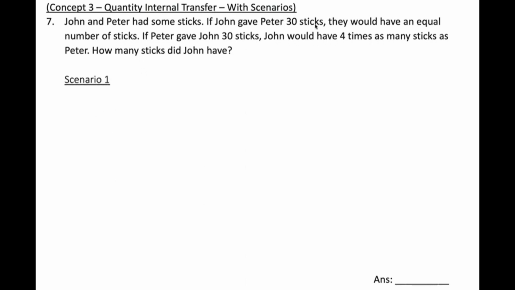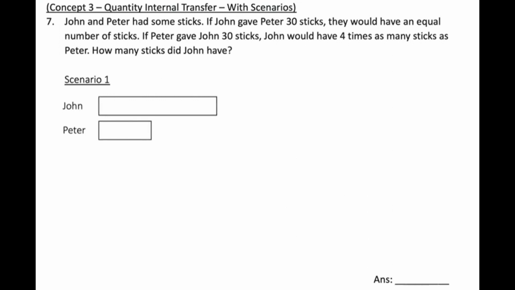John gave Peter 30 sticks. They would have equal number of sticks. So what does this statement actually mean? If John gave Peter 30 sticks, they will have equal. It means that John must have 60 more than Peter, right?